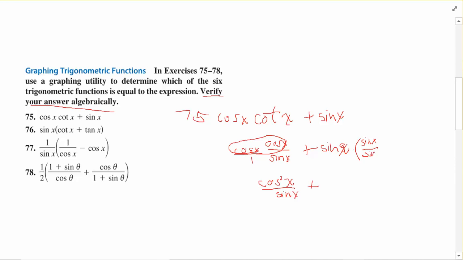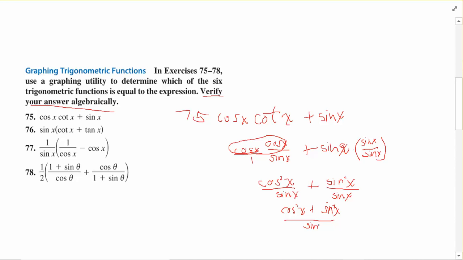now I get sine squared x on the top and sine on the bottom. And now I get cosine squared x plus sine squared x over sine x.